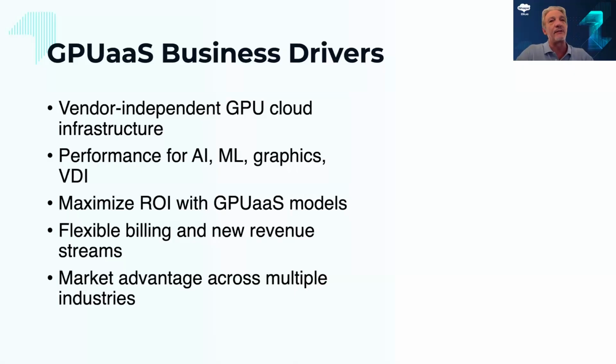It delivers the same performance you have in the hardware and for completely different use cases and workloads. So this flexibility enables you to design your business for different billing models, for example, and consumption models. And the cloud provider in that case can maximize the return on investment and unlock new revenue streams.